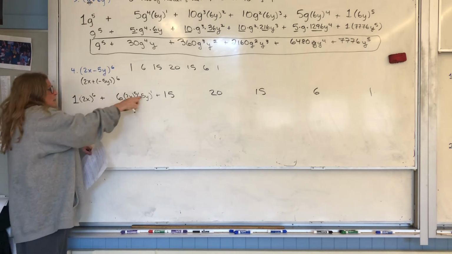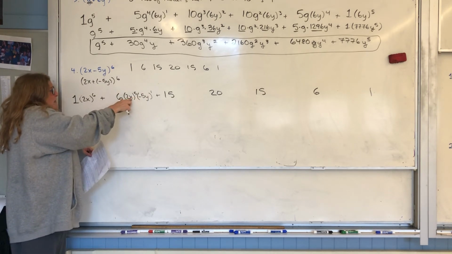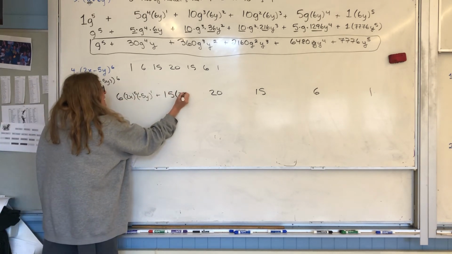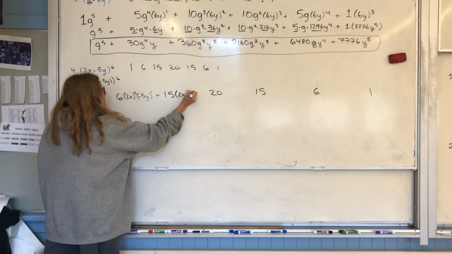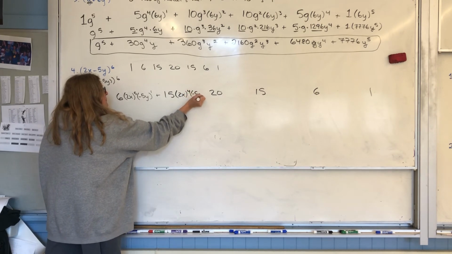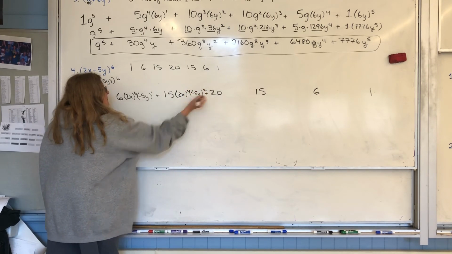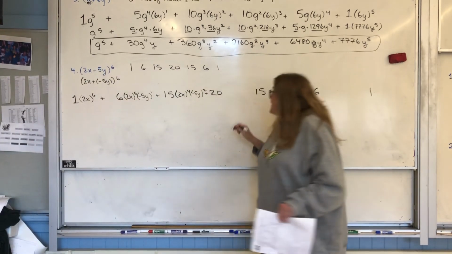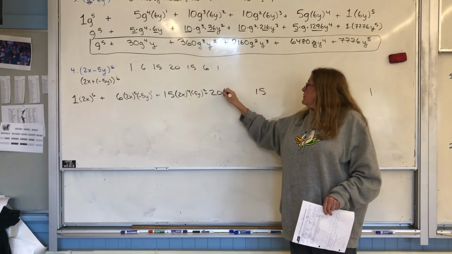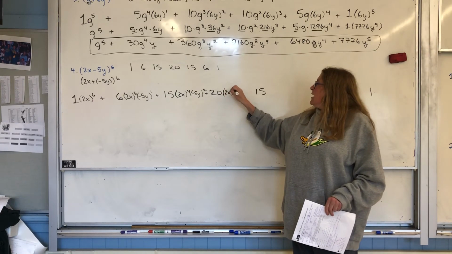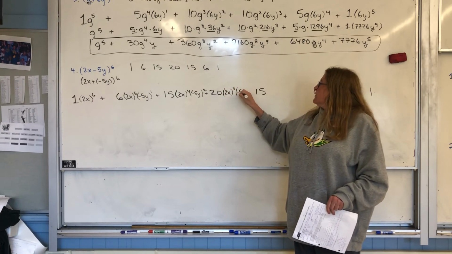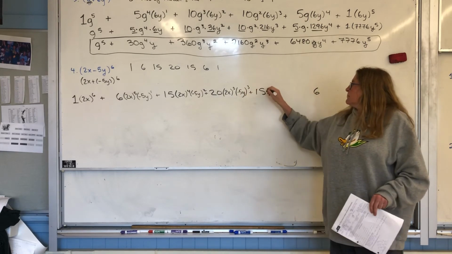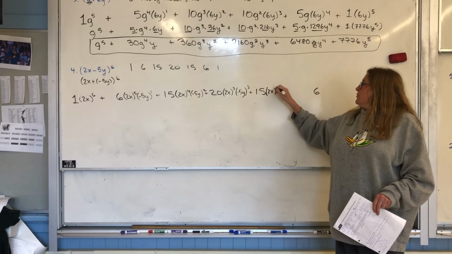So I've now taken one exponent away from the 2x and given it to the negative 5y. Now I'm going to take another exponent away, and I'm going to gradually keep doing that, taking one exponent away from the x and giving it to the y. Now the 2x only has 2 of them.